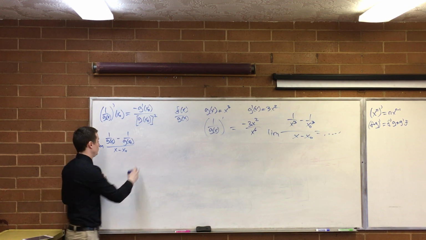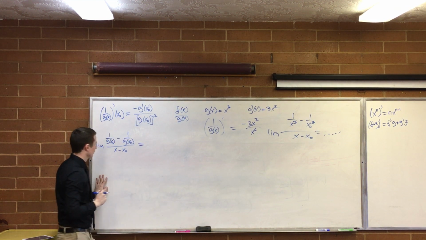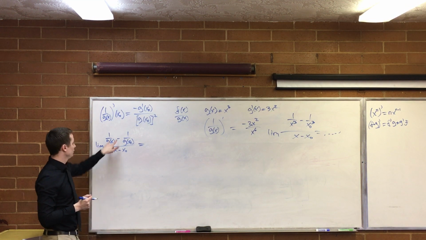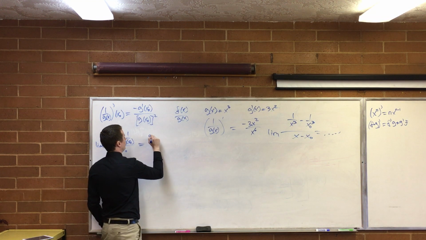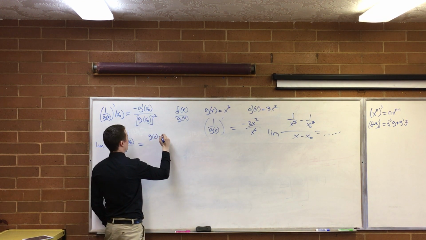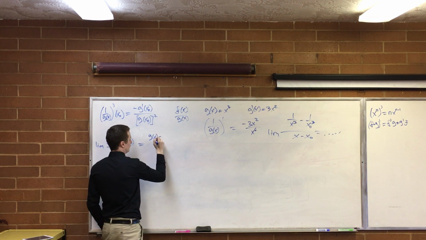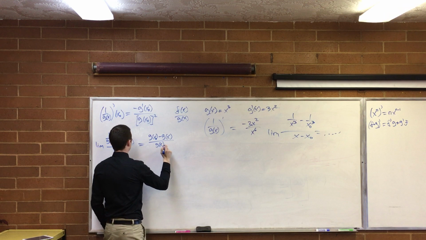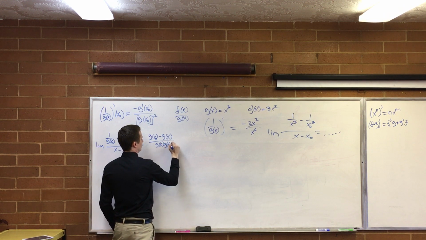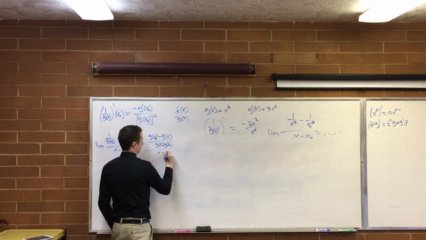So what's the natural thing to try and do? Maybe get a common denominator in the numerator, right? So that's going to be g of x naught minus g of x, all over g of x times g of x naught, all over x minus x naught.